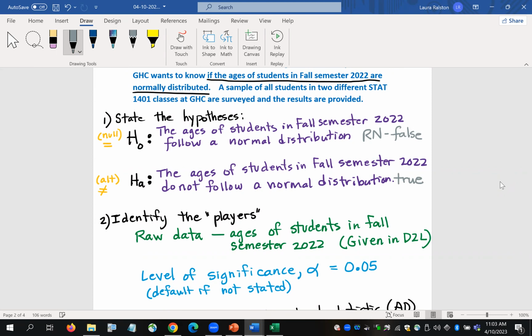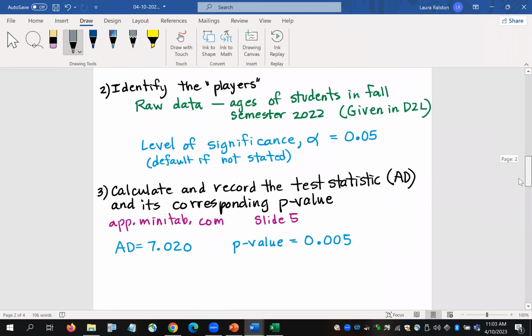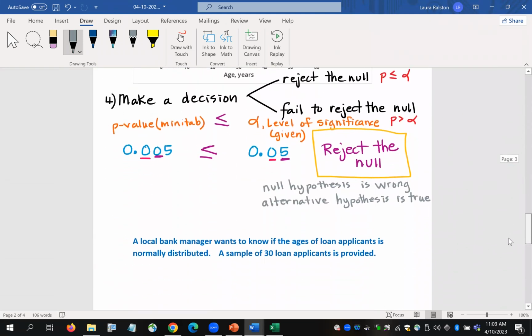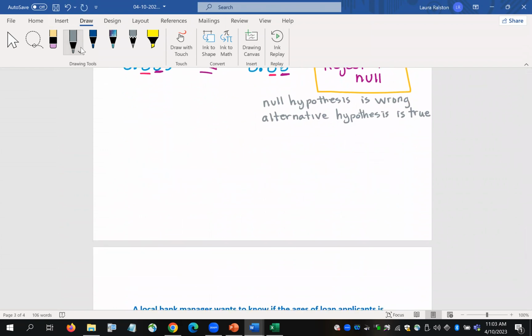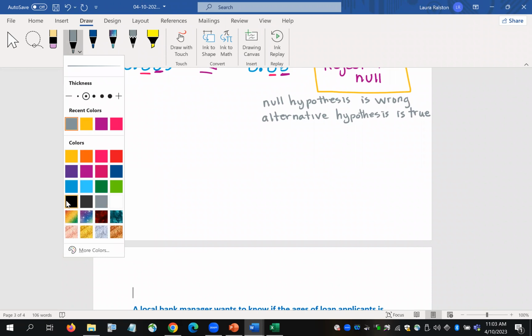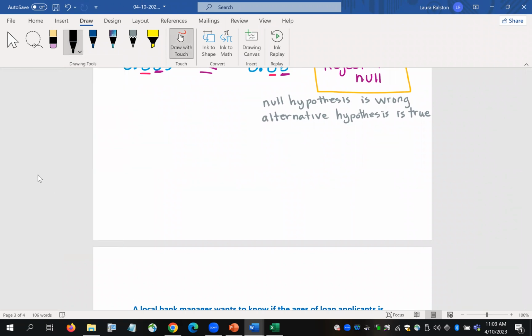So if the alternative is true, our conclusion is that the variable, the ages, do not follow a normal distribution. So my last step in the hypothesis testing process is to write my conclusion.